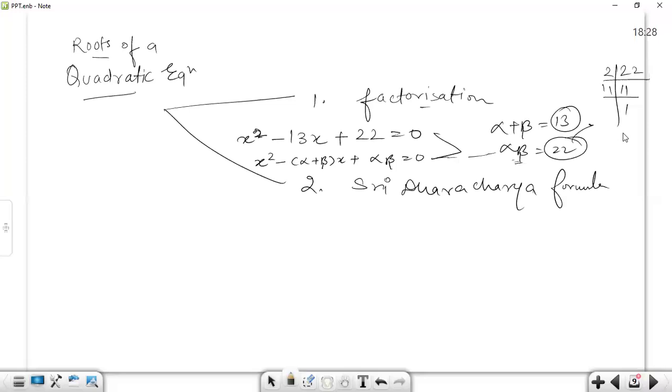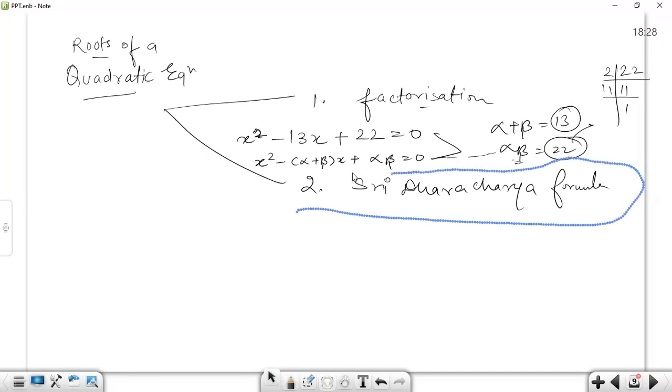Are you able to think of any solution? Yeah, I'm just thinking, sir, but I'm not getting it. Just look at the factors of 22.